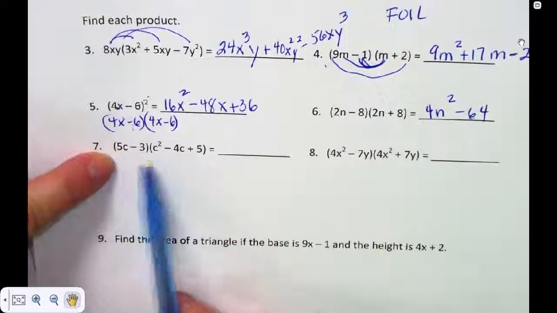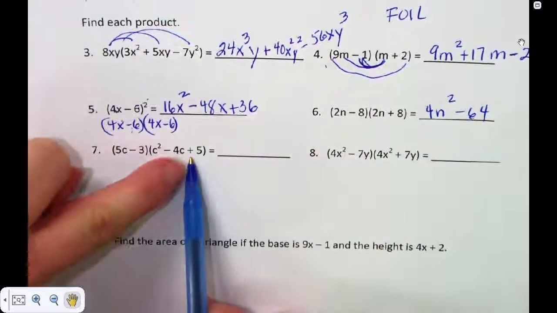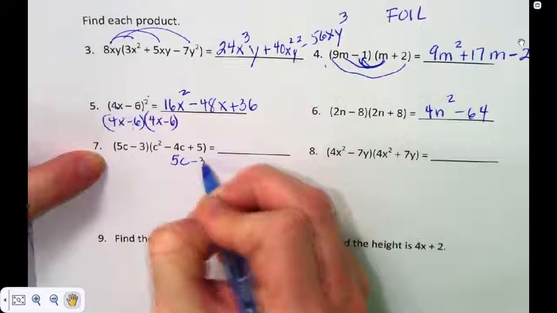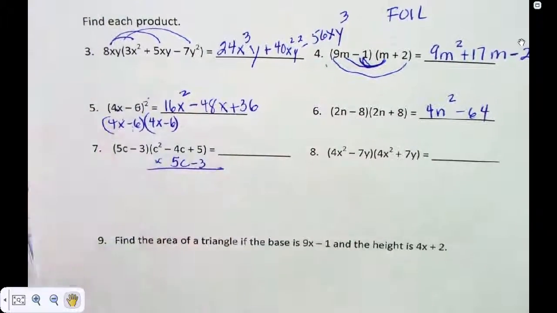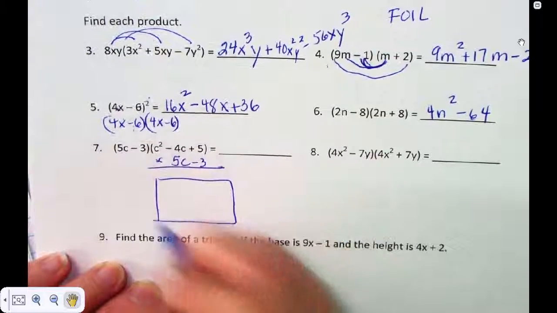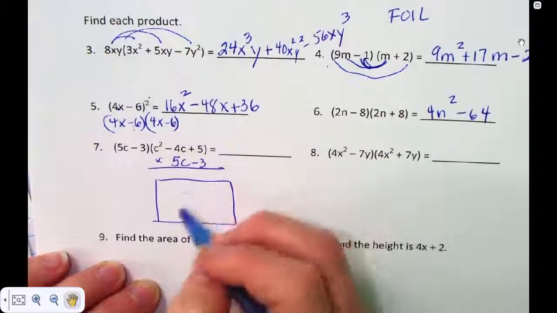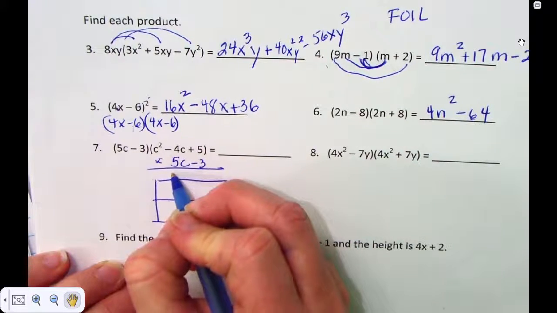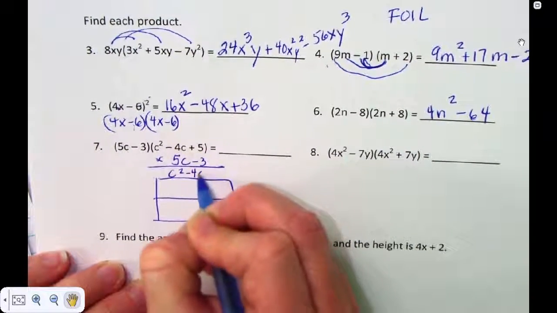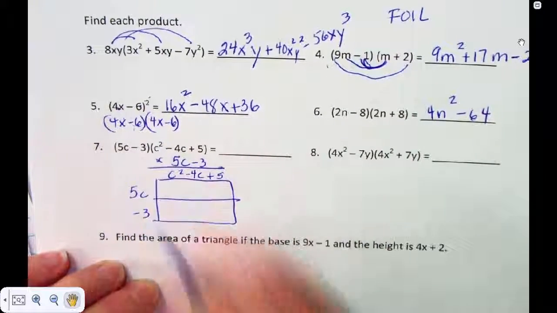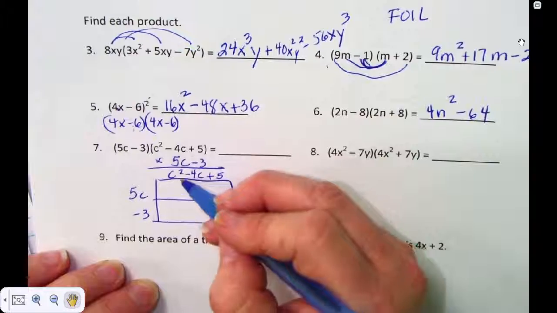This has a binomial, trinomial. Oh, yeah, that's right. So, a lot of you used the box, didn't you? Who used the box? I thought more than that did. Well, then how did some people use it?